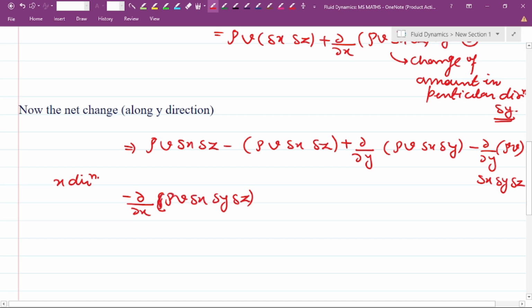Similarly for the x direction, minus dou by dou x of rho u del x del y del z, and in the z direction, minus dou by dou z of rho w del x del y del z.